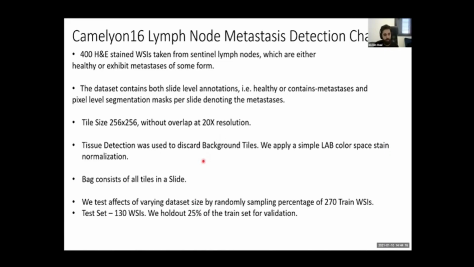We use tissue detection, so we first remove the background patches and maybe patches that are less relevant. Then we also apply a pretty simple stain normalization. But yes, generally the whole bag is used for the training.